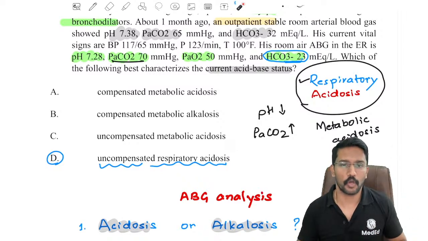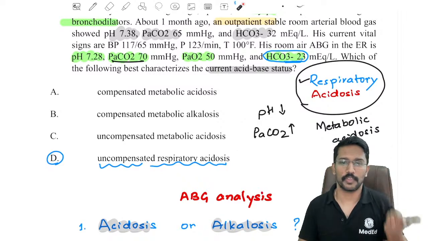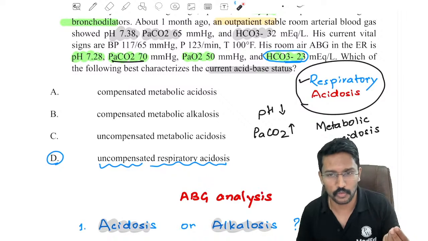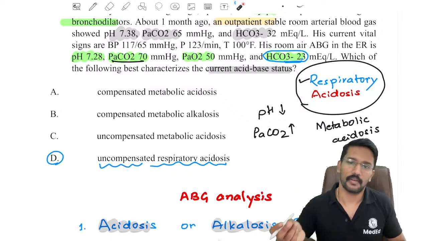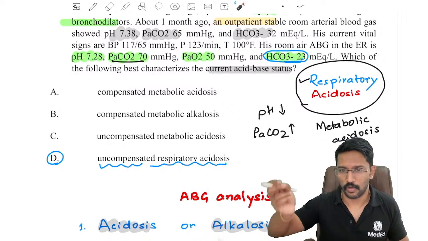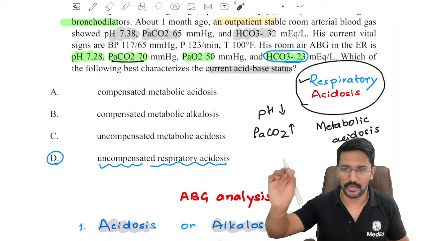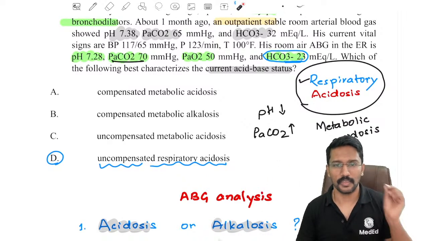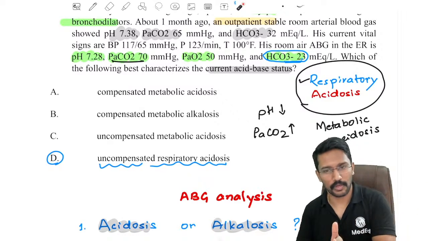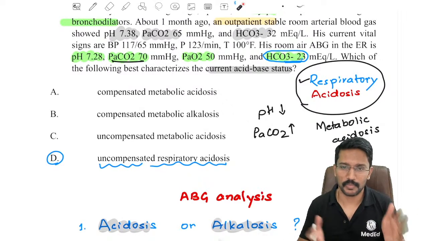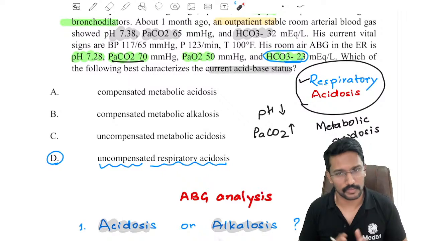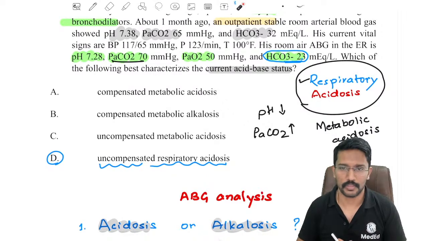But if I give you the option saying this is a pure case of respiratory acidosis, or respiratory acidosis with appropriate metabolic compensatory alkalosis, and another option is respiratory acidosis with metabolic acidosis, right? What should be your answer? It is respiratory acidosis with metabolic acidosis.